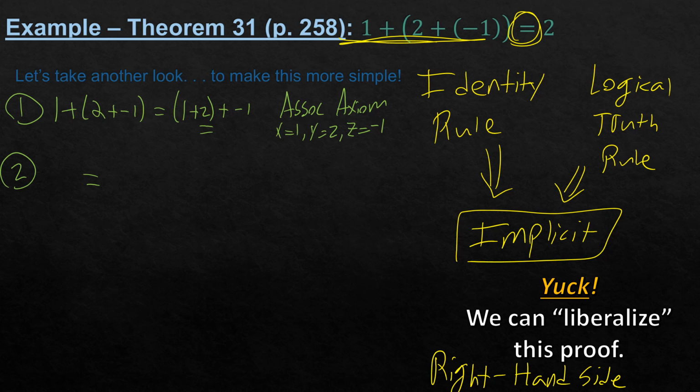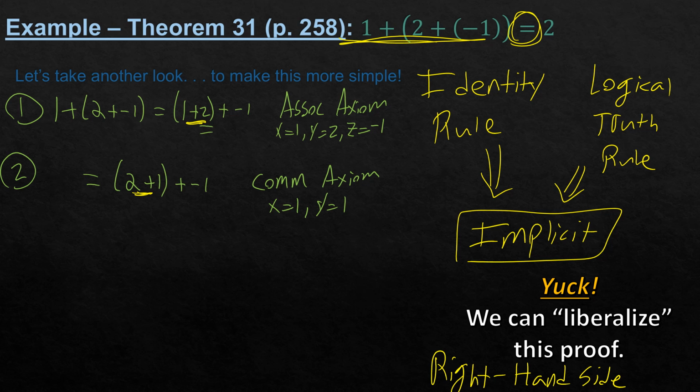So that's the whole point right now of using the commutative axiom. So the right-hand side, we can say we have the quantity 2 plus 1, and then the plus minus 1. And that's just the commutative axiom. And here we have x is equal to 1 and y is equal to 2. We have this 1 plus 2. Now we have this 2 plus 1. So we're getting the 1's closer together.